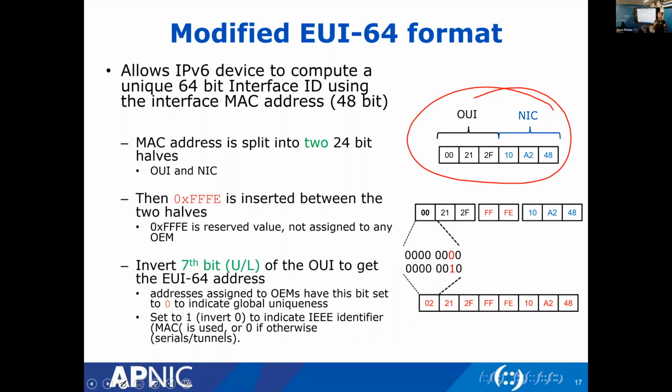And again, you don't have to actually do this. Your OS does it under the hood. We'll split it up into two halves. So you'll have your OUI, so your manufacturer, and then the NIC ID. We insert an FE in the middle, and we then invert the 7th bit. That then becomes our 64-bit host ID, using what we call modified EUI64.